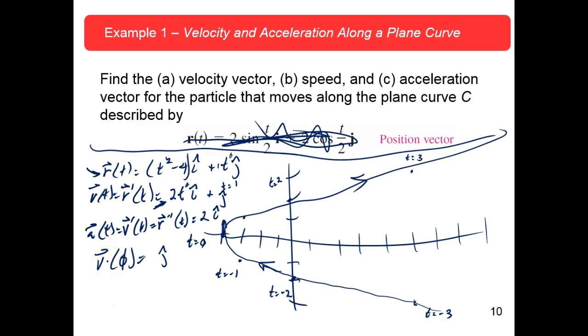Okay? So that's your velocity vector at time t equals 0. Let's do the velocity vector at time t equals 2, at 2 seconds. Well, let's plug it in. 2 times 2 is 4i plus j. There's your velocity vector. So at time t equals 2, we're right here.